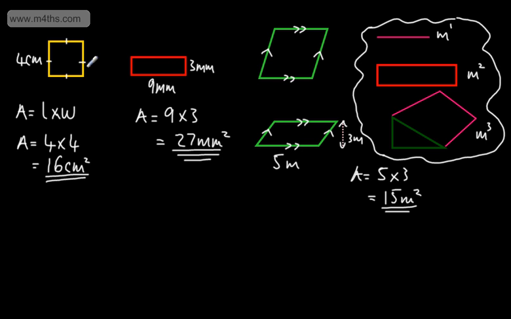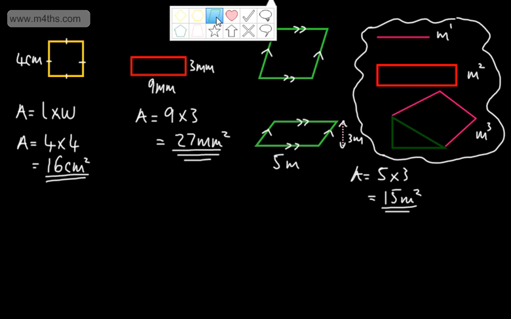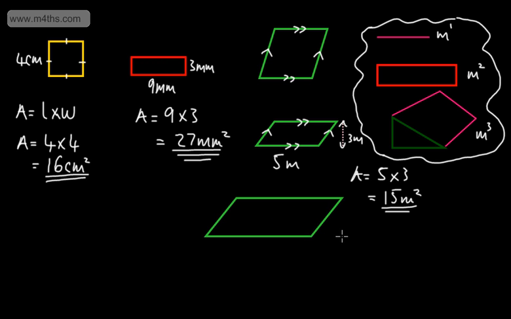Now you're probably thinking, well, that's the same formula as what I've just done here. If you want to think about this, if I drew some lines on here, and I'll just make this slightly bigger, if I take a parallelogram, we can actually make it into a rectangle. So what I'm going to do is cut off one triangle from here. I'm going to take the triangle from there, and I'm going to place it just there.